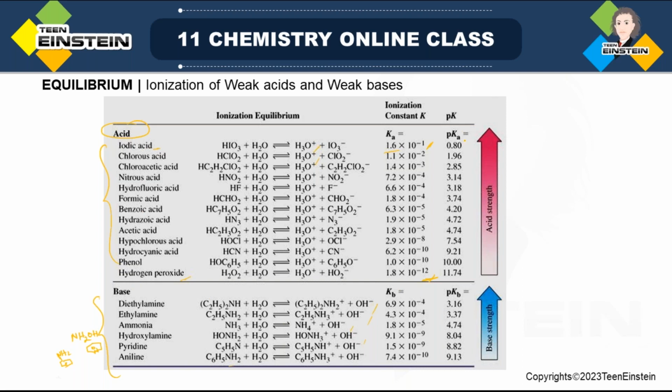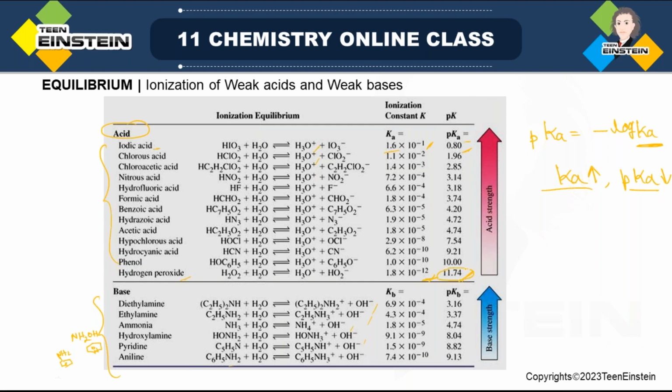Now you can also compare the pK. pK and K are inversely related because pKa is the negative log of Ka. So when Ka is increasing, that means pKa is decreasing. These two are related to each other inversely. See here pK is 0.8 and here pK is so high.